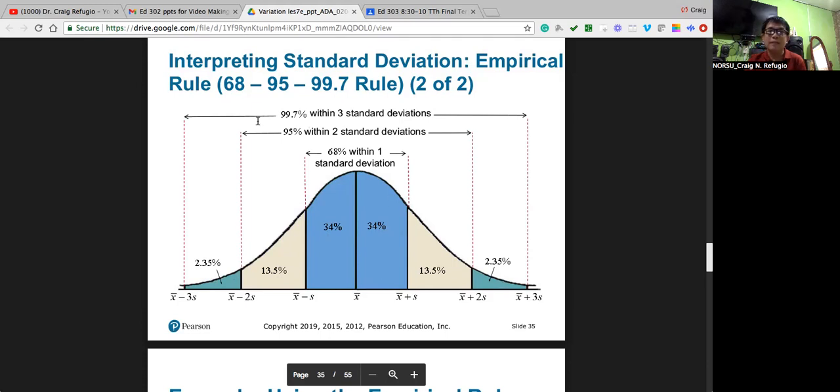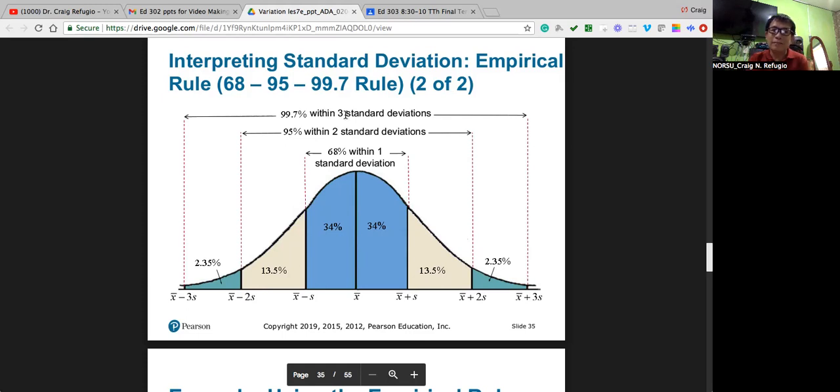So we have 99.7% within three standard deviations. How do we get 99.7? 2.35% plus 13.5 plus 34 plus 34 plus 13.5 plus 2.35 will give you approximately 99.7%.